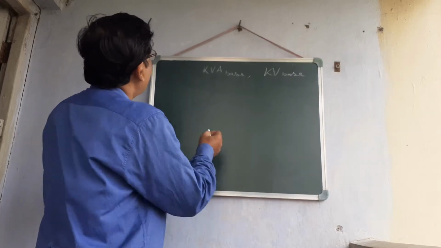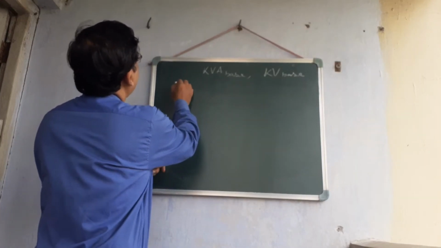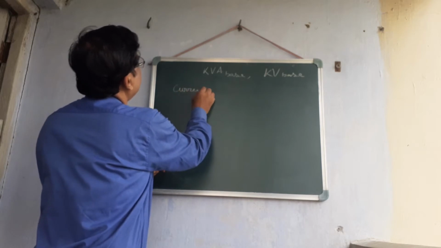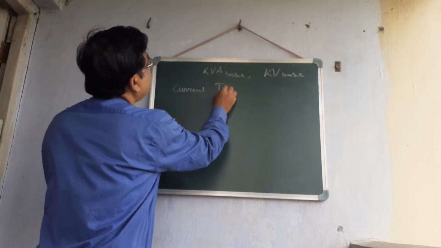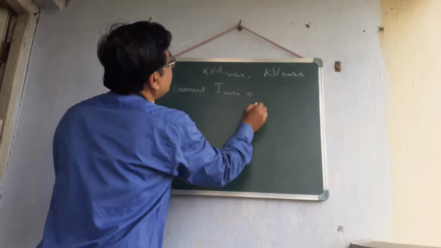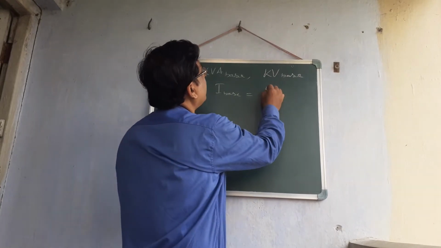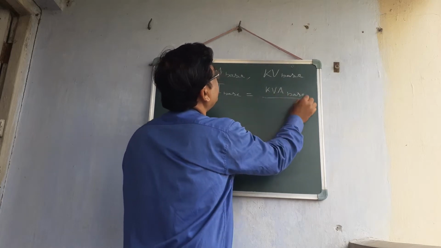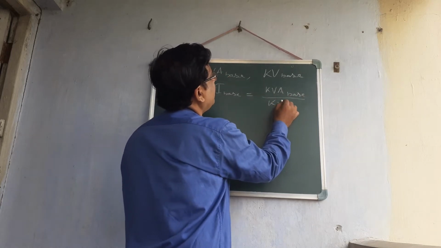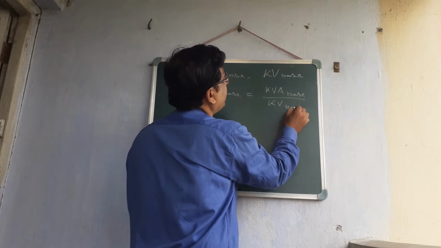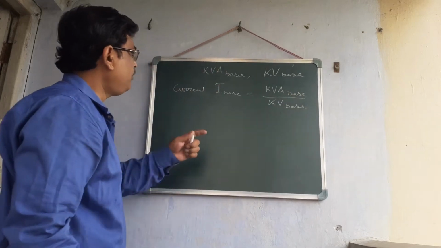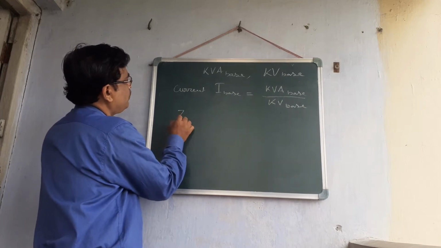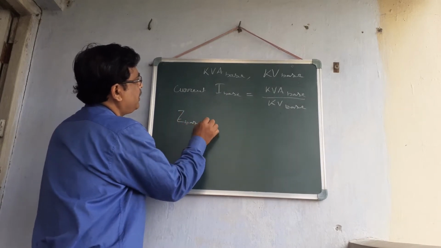Those two are current base, I base, equals KVA base divided by KV base, and from this the impedance base, Z base, can be derived.